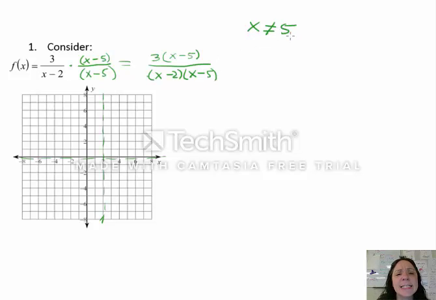This is really otherwise the same graph with our same horizontal and vertical asymptotes. In the work I did before, if we looked at the problem before we multiplied by x minus 5 over x minus 5, then the value at x equals 5 was 1. So that's where our little hole is going to appear in the graph.